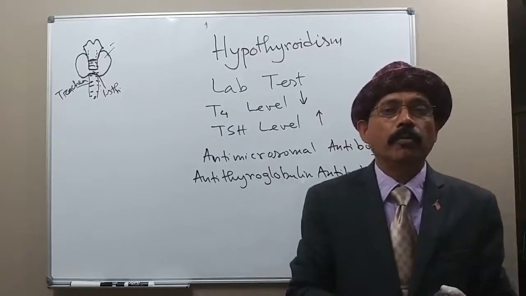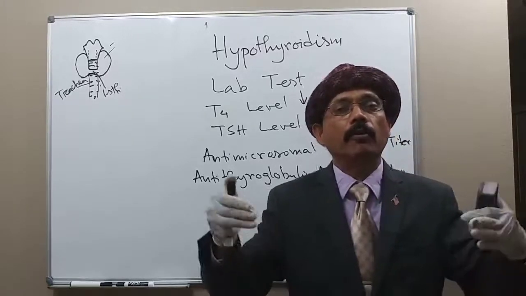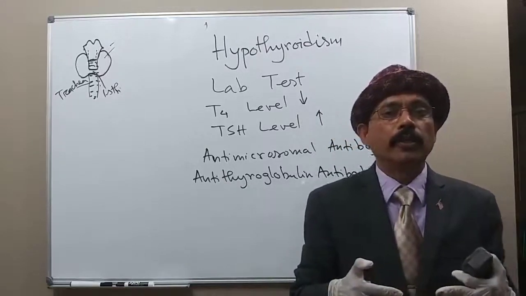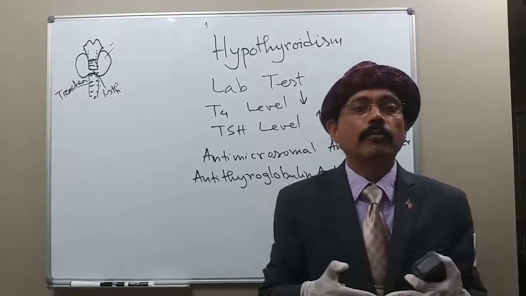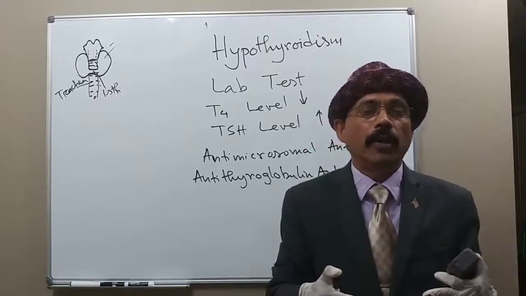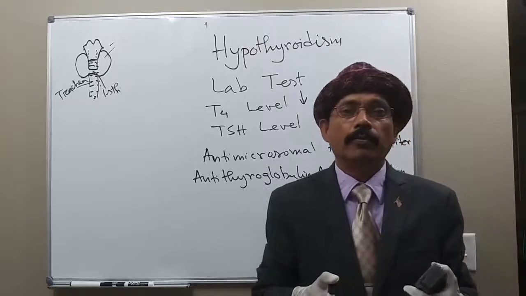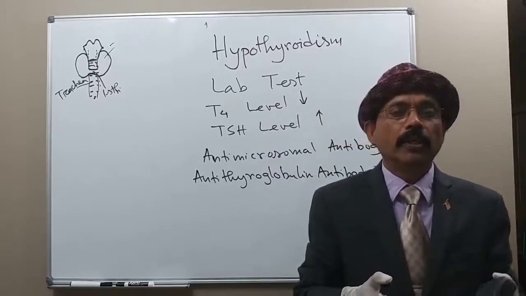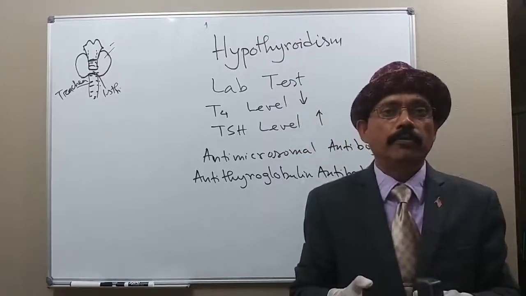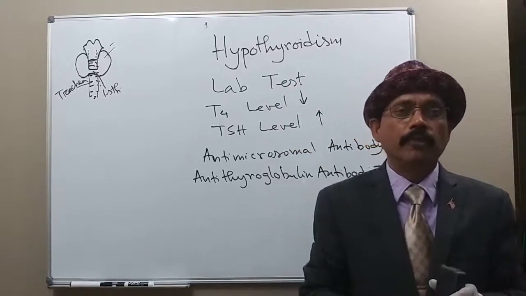There may be something wrong in coupling of the two diiodotyrosines, and we may not recover the iodine from monoiodotyrosine or diiodotyrosine due to lack of some hormones. There are many mechanisms associated with iodine deficiency hypothyroidism.